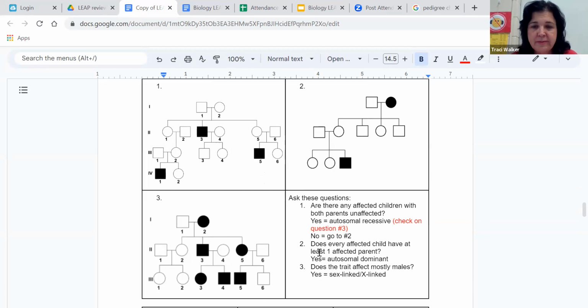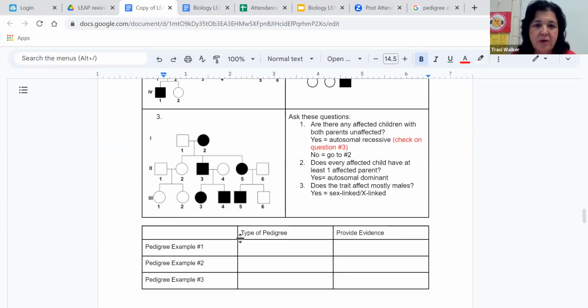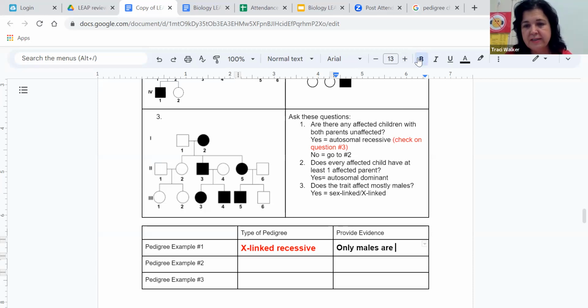And it's recessive, but it's X-linked recessive. So for my first pedigree, the type of pedigree is X-linked recessive. And my evidence is only males are affected.